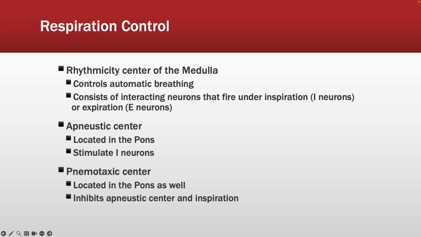The apneustic center is located in the pons, and this stimulates the neurons for inspiration. The pneumotaxic center is located in the pons as well, and it inhibits the apneustic center and inspiration.